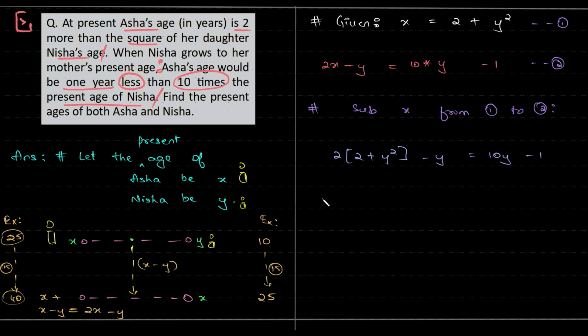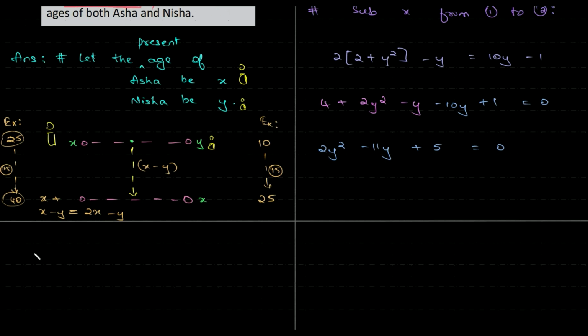We have 4 plus 2Y square minus Y. I'll transpose everything, and we have minus 10Y plus 1 equal to 0. Further simplification leads to 2Y square minus 11Y plus 5 equals 0. On to splitting the middle term. We need two numbers which when added give minus 11, and when multiplied give 2 into 5, that is 10.